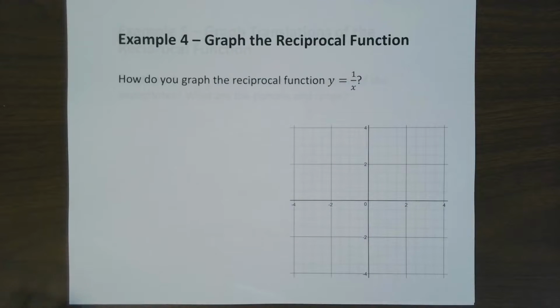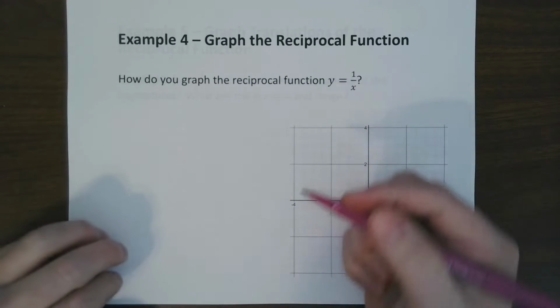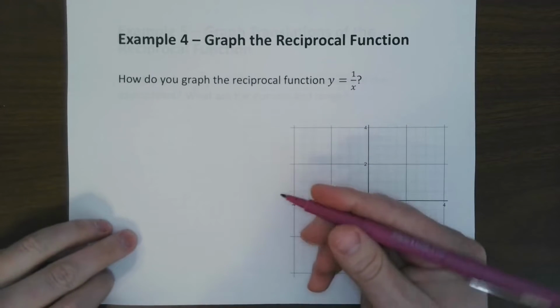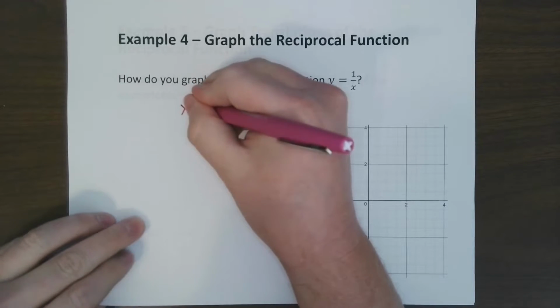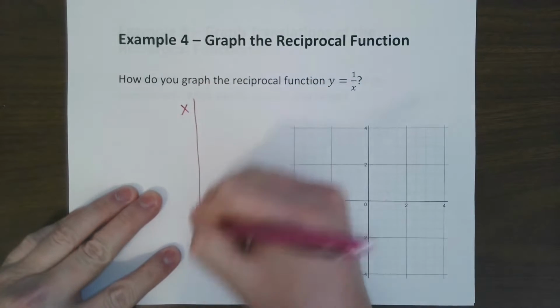All right, how do we graph a reciprocal function? If you notice, the inverse function is a reciprocal function. What makes it that is the x is on the bottom. So I'm going to make an xy table for this so you can see the patterns that are made.